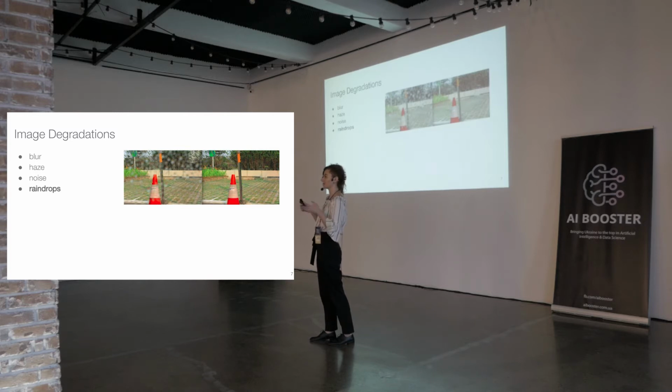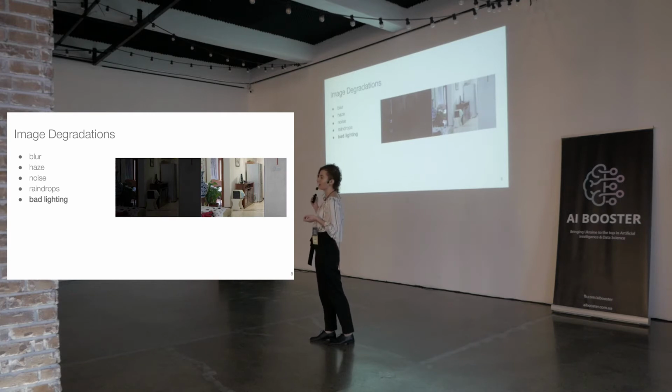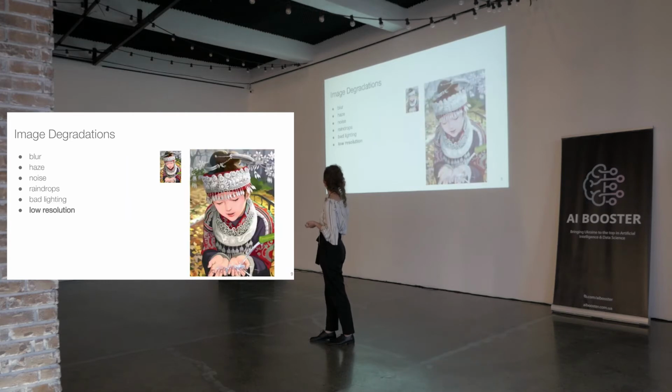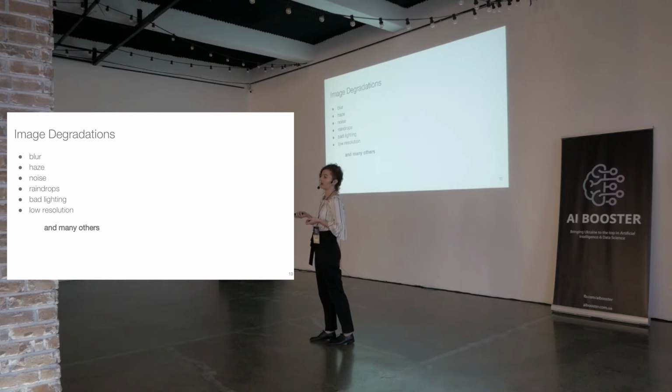These problems are really different and treated differently. You can have bad lighting, and there is a huge subfield just in trying to enhance images, make brightness better, make contrast better, and just make the lighting better. Probably the most famous part of image restoration is super-resolving low resolution images, and there are many others.